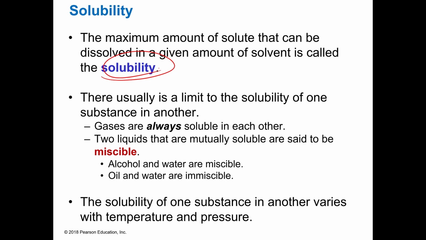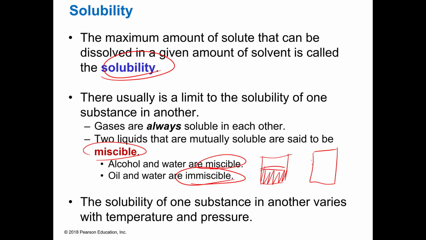If they are, they're called miscible. Oil and water are immiscible because they don't mix. If it's miscible and you dump two things in there, you're not going to be able to tell the difference. If it's immiscible, you're going to have two distinct layers of material, and you'll be able to see that if you look at it.